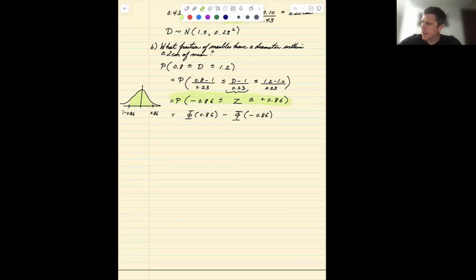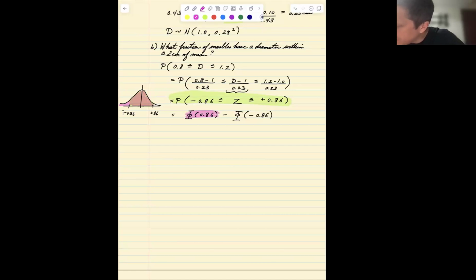Okay. But what we can do is first calculate this pink area, which is everything in green, but also everything less than negative 0.86, right? So that's what this is.